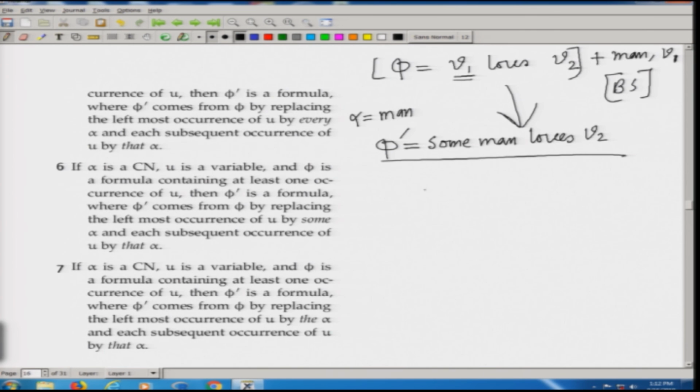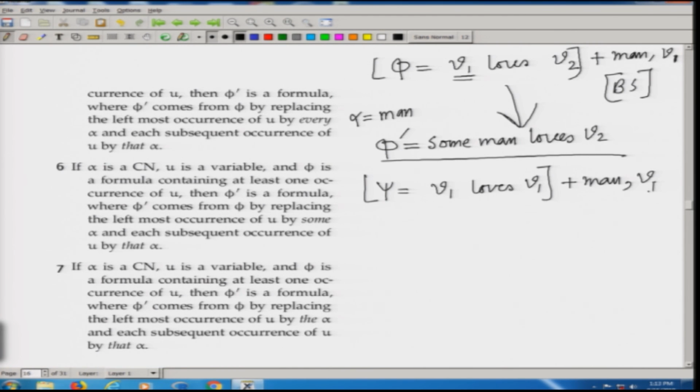Now what if we get xi, for example, and xi is, suppose, V1 loves V1, and then we add once again man and V1, that is with respect to V1.